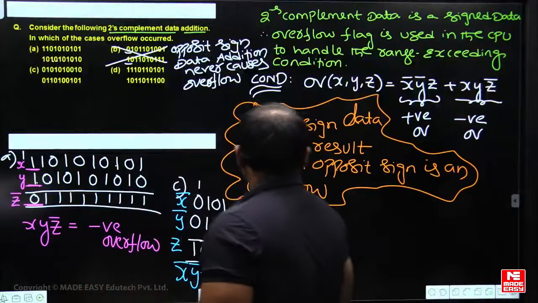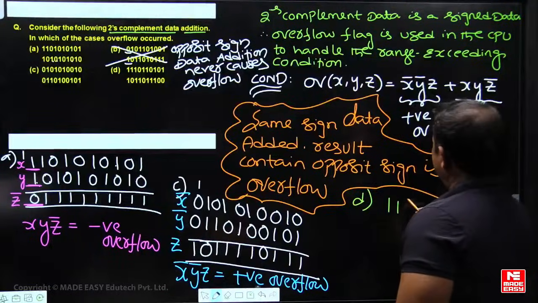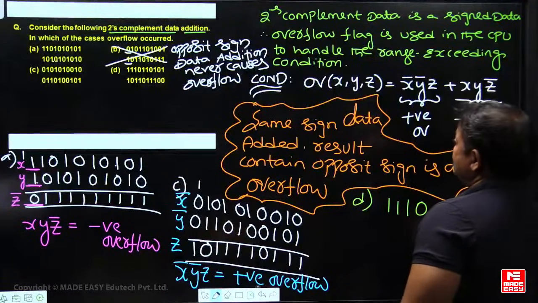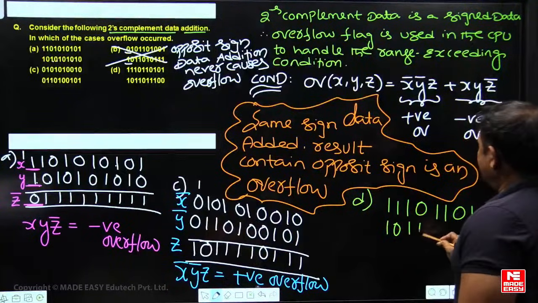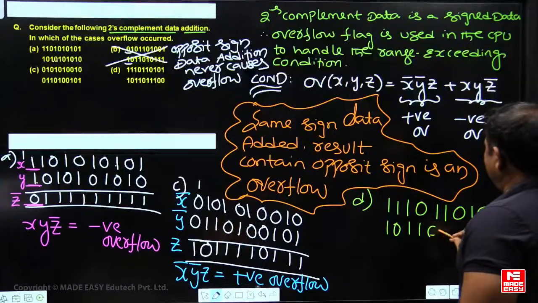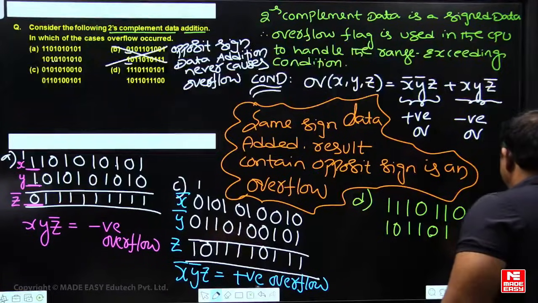Positive overflow present. Then option D: 1 1 1 0 1 1 0 1 0 1, then 1 0 1 1 0, 1 1 1 0 0.